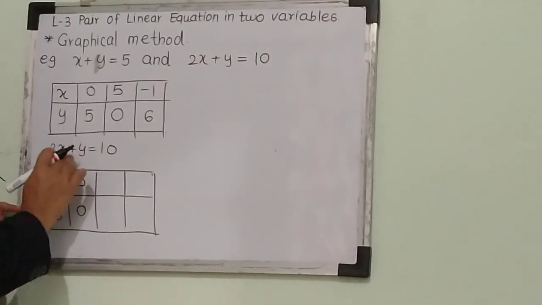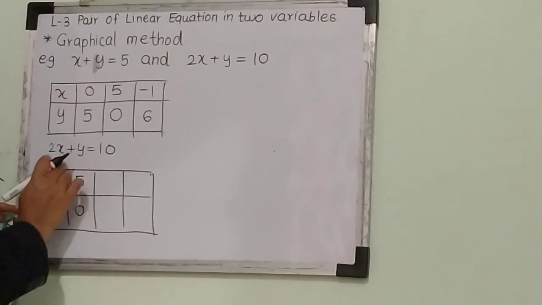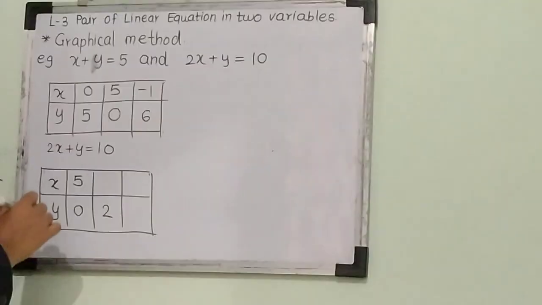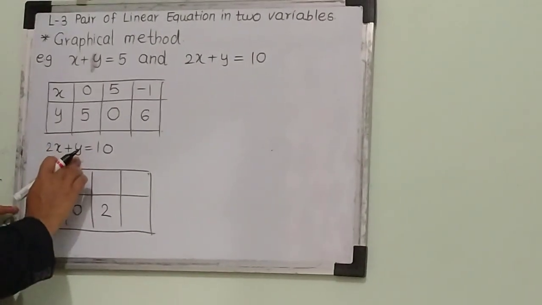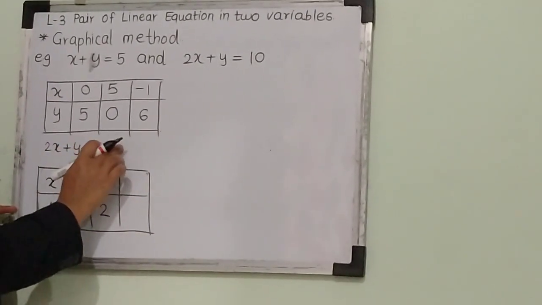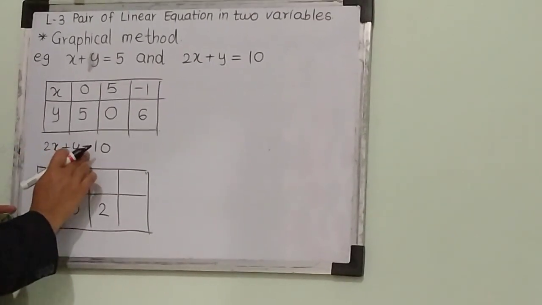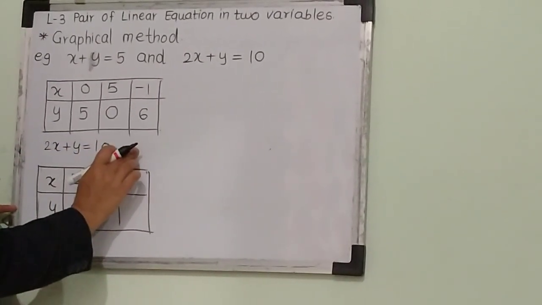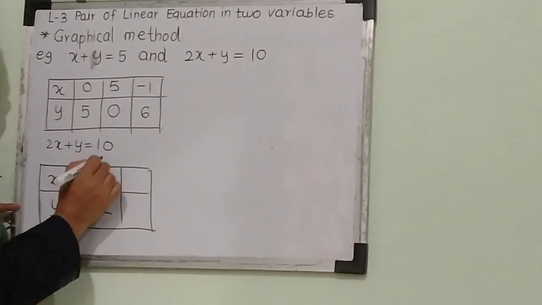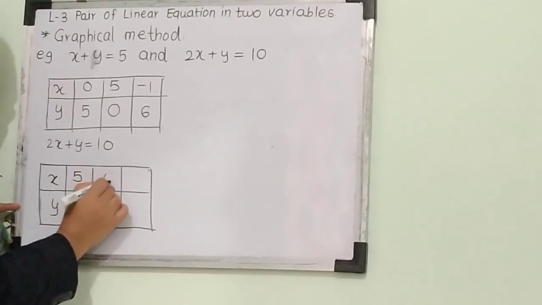Similarly, if I put y equal to 2, then this 2 is shifted to this side and becomes minus. So 2x equals 10 minus 2, that is 8, and I get x equals 8 upon 2, that is 4.